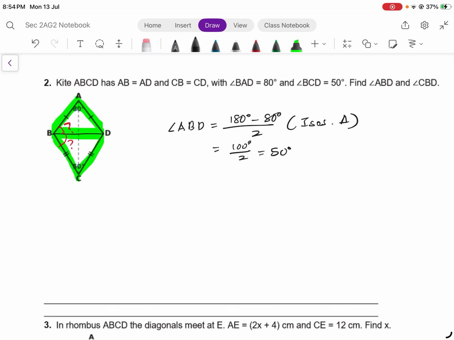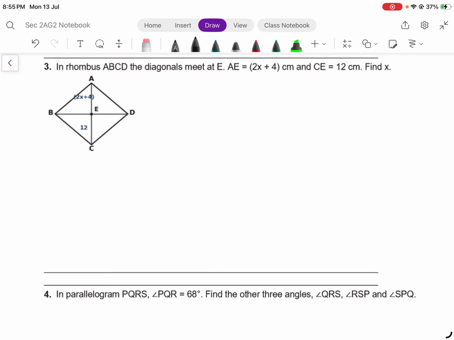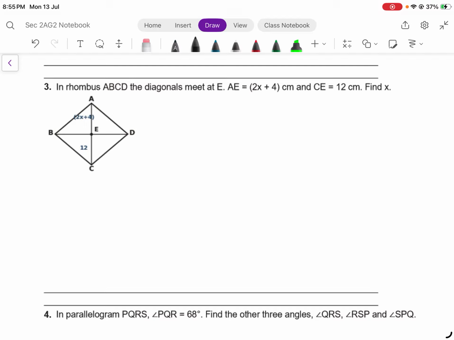That's your answer for the first one. Then angle CBD is 180 degrees minus 50 degrees, divided by 2, because it's the same thing, an isosceles triangle. So 130 divided by 2, 65 degrees.